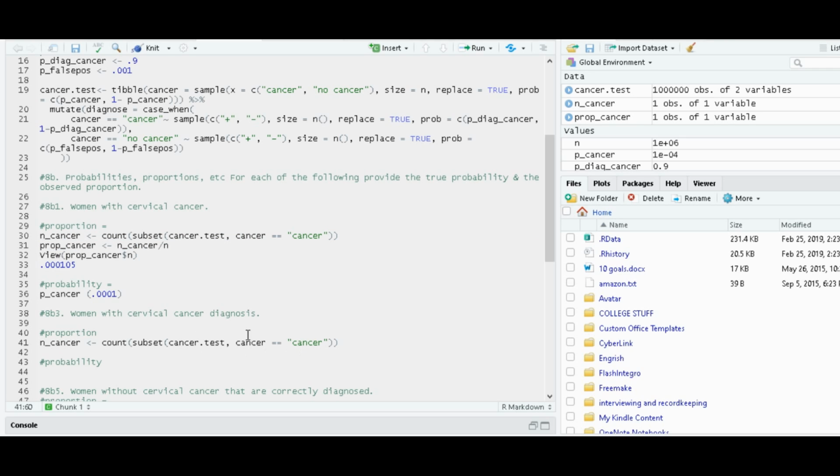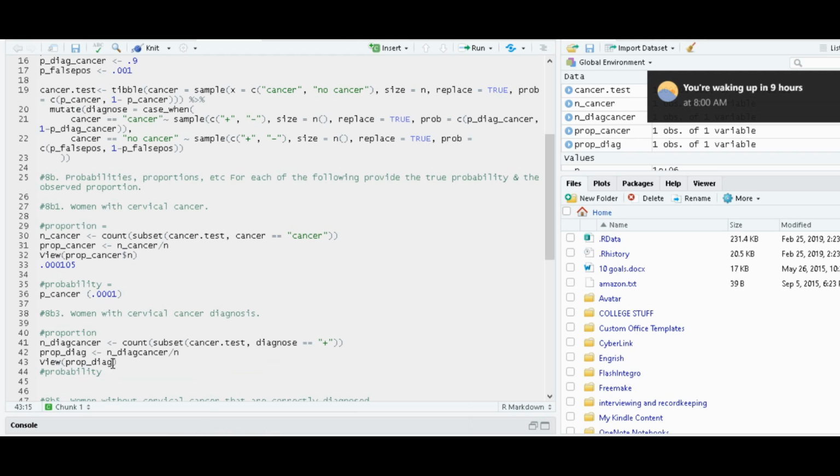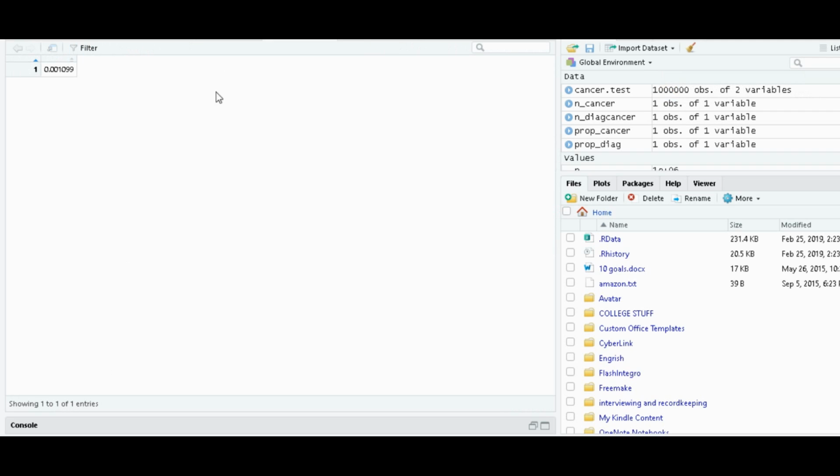Some cancer equals cancer, except this is going to be diagnose is positive. Okay. 0.001099.